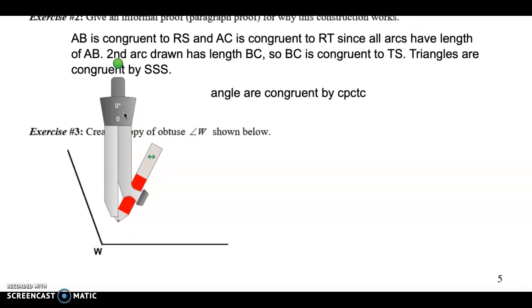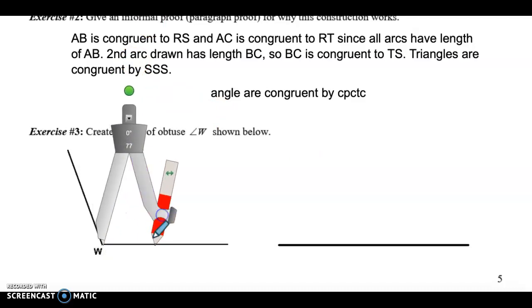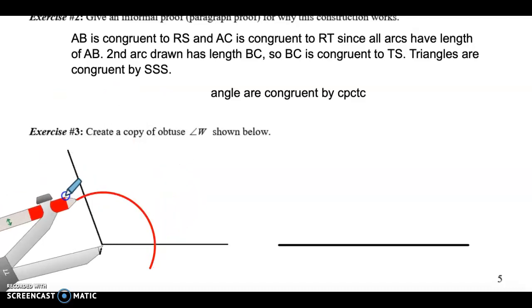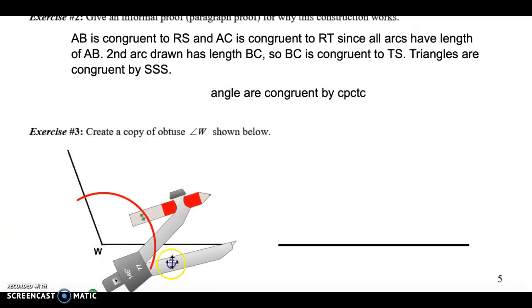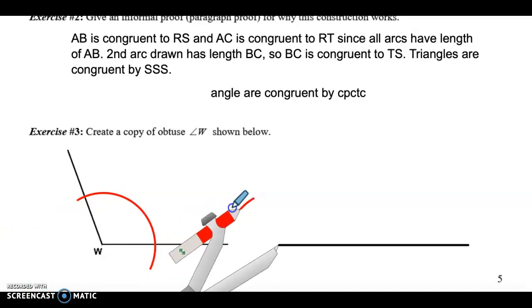What I'm going to do down here is create a copy of obtuse angle W. Just to remind you, I start off by drawing the bottom ray of the angle. I go to the angle that I'm trying to copy, angle W, and I draw an arc. Keeping that same radius, I go to the angle where I'm trying to copy it, and I draw an arc.